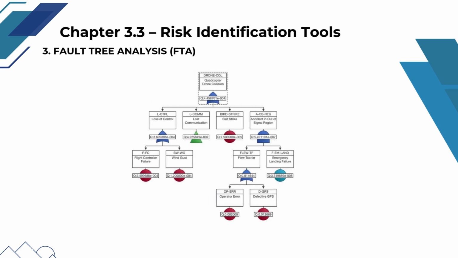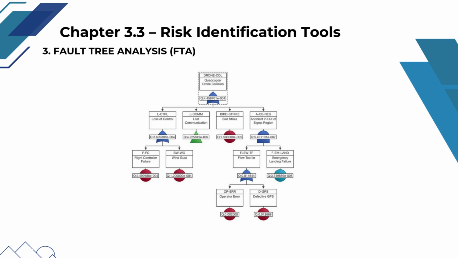Fault tree analysis, or FTA, is a structured, top-down method used to identify and analyze the potential causes of a specific undesired event within a system. It starts by defining a critical failure or top event and then traces backward through various contributing factors using logical relationships like AND and OR gates to map how combinations of component failures, human errors, or environmental conditions could lead to that event.